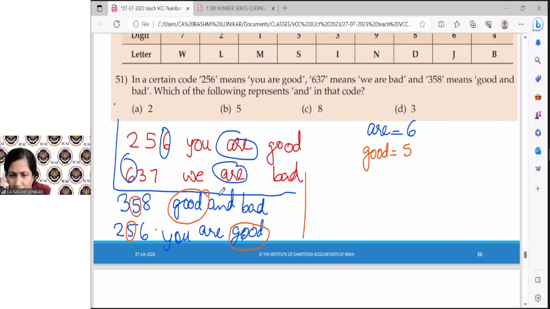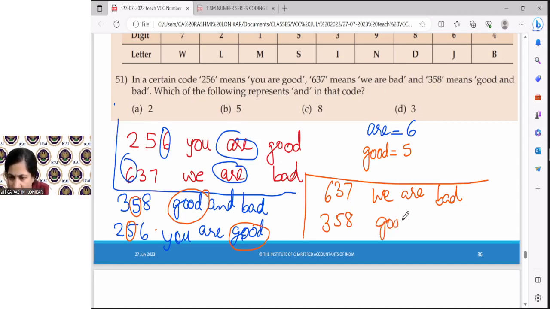So good and bad. So now what is happening? Bad is common because and I have only once. I've got good twice. I've got R twice. Okay. So 637, we are bad, and 358, good and bad.